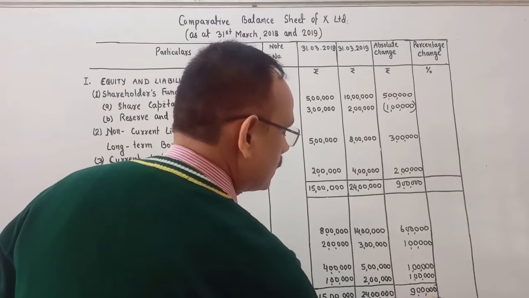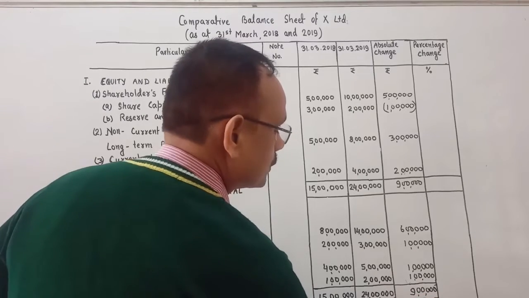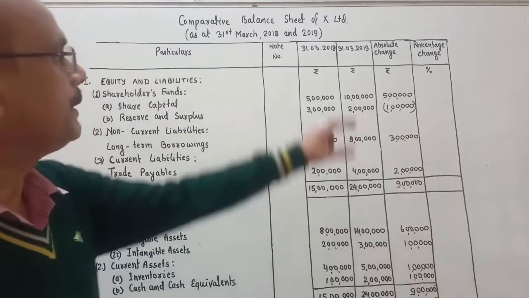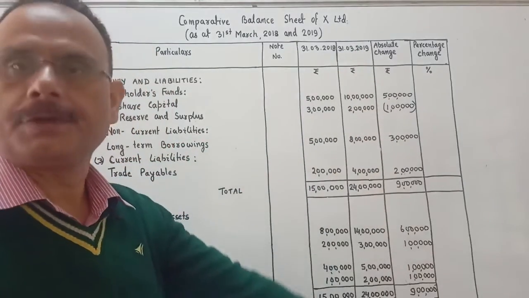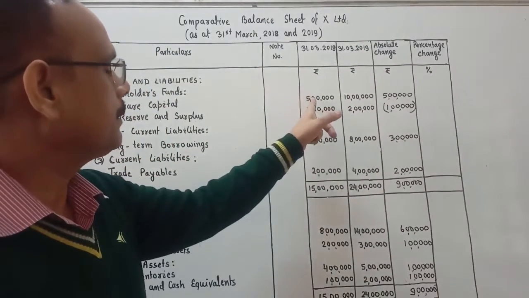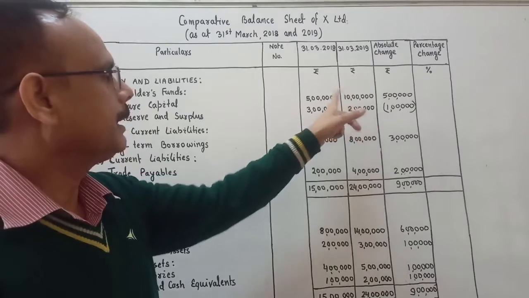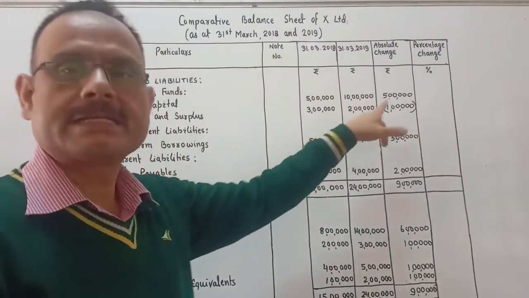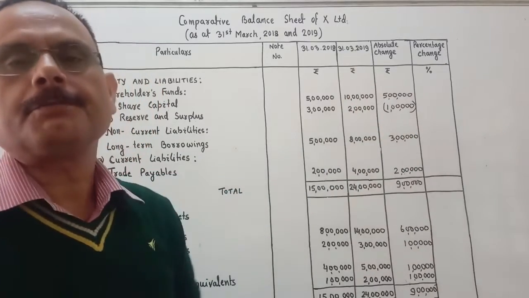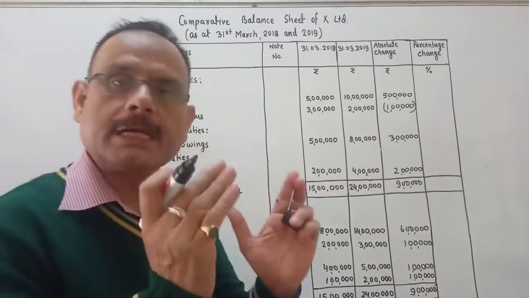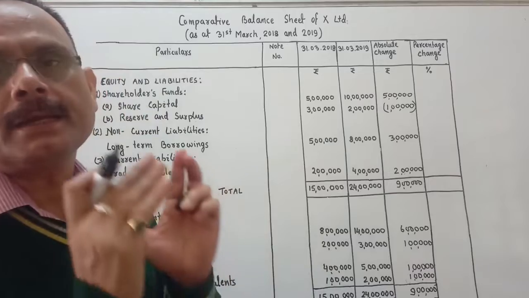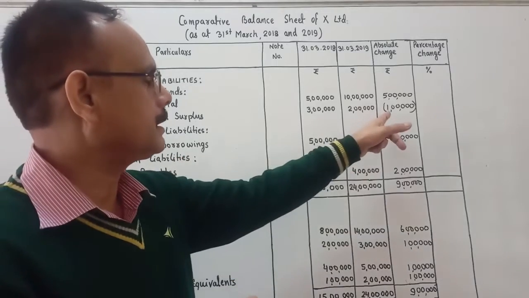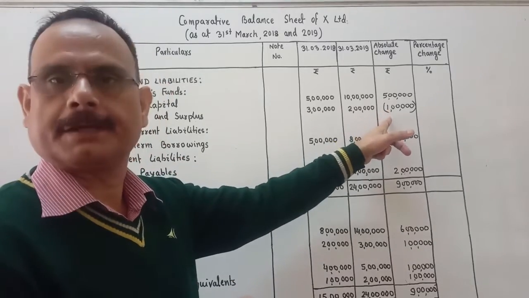Okay. 9 lakh is the total. So, we have completed absolute change in figure. When we compare the previous year with the current, if it is increased then it is positive and if it is decreased then it is negative. Decreased figure will be shown within the bracket. This indicates the negative figure, the decreased figure.